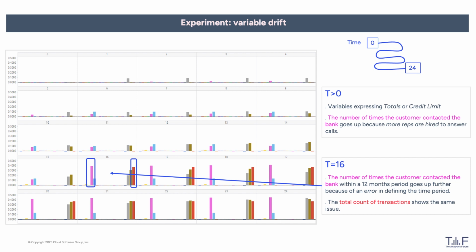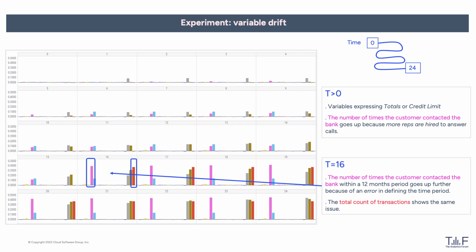And you can see that at time greater than 0, some drift in some variables is slowly building. For instance, in the pink variable, which corresponds to the number of times a customer contacted support, this goes slightly up because we artificially introduced more customer reps answering the calls, and therefore more calls were answered and more counts were generated.